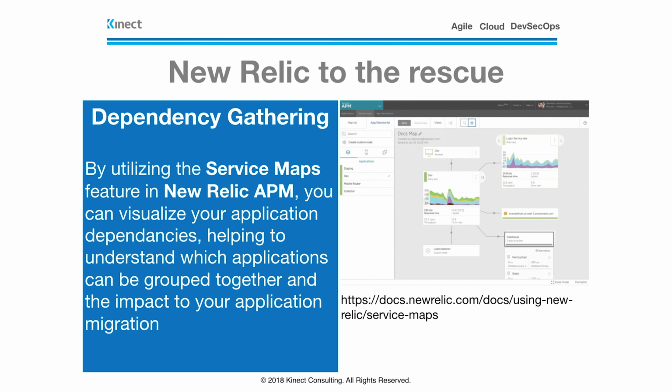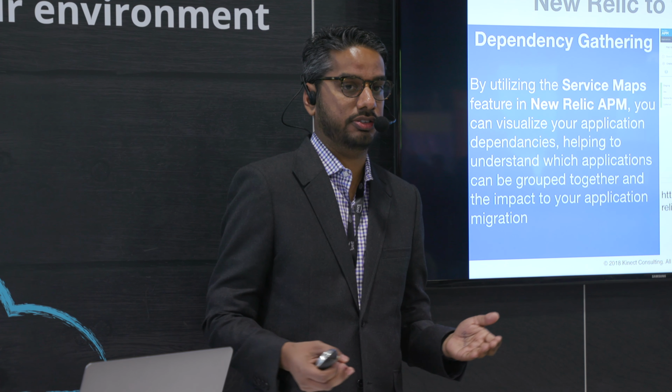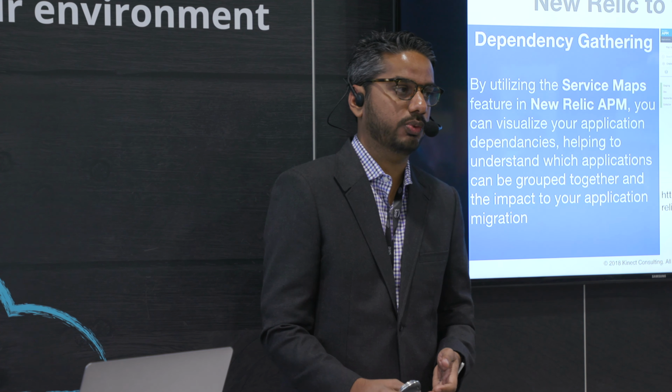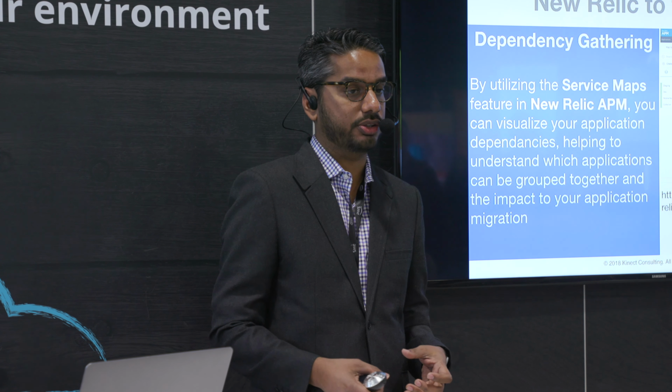But in this application, I can see that I'm talking to an external API, I'm talking to another internal API here, and I'm talking to a bunch of databases. Those 5 Linux servers that are running Tomcat, they may be talking to 5 different database servers. That means I have to move everything all at once or find a way to combine the databases when I do that migration.